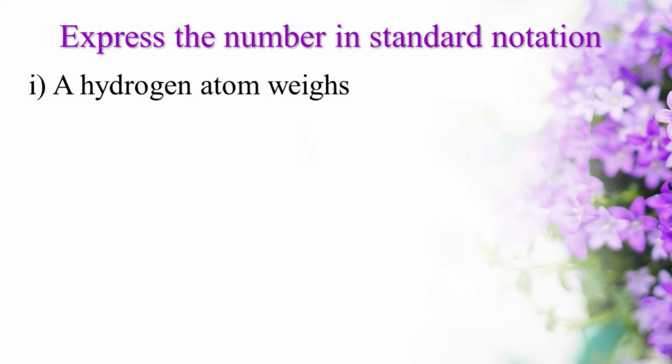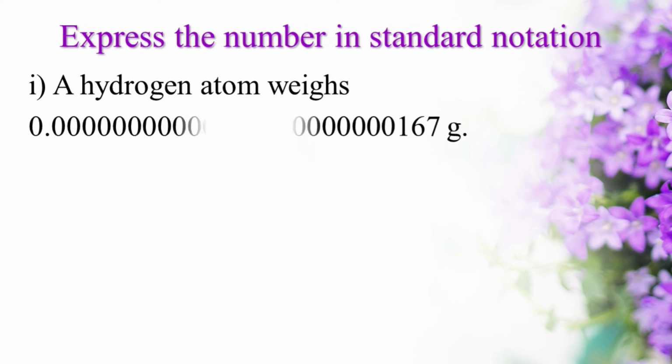Express the number in standard notation. The first question is: a hydrogen atom weighs. See this number? It is very difficult to read. Let us straightaway go to the sum and write the number.